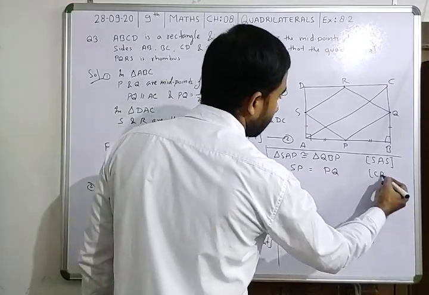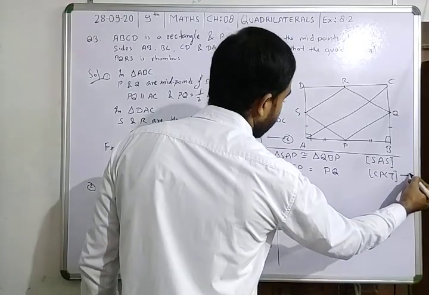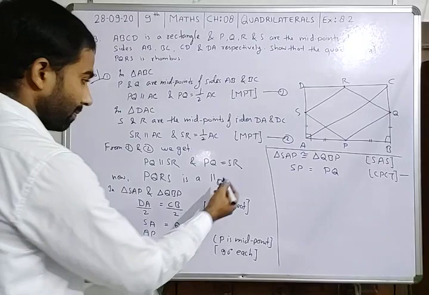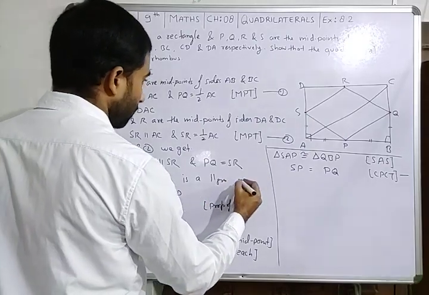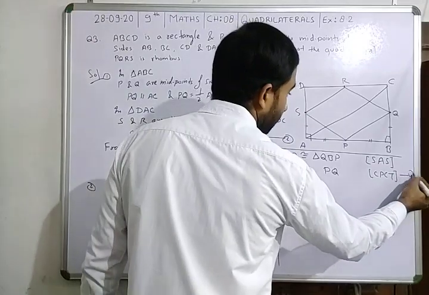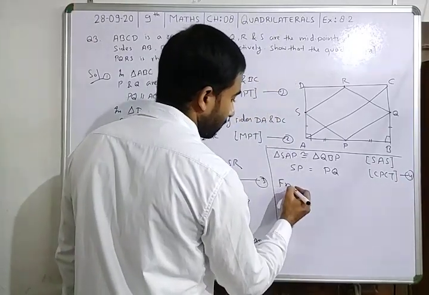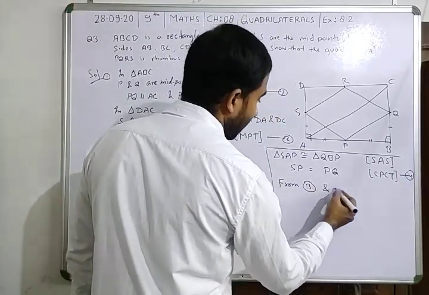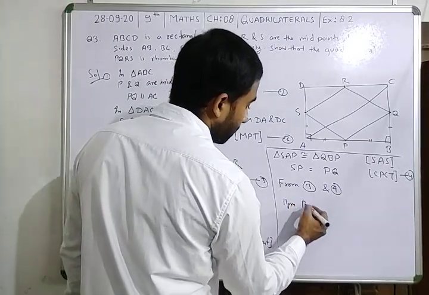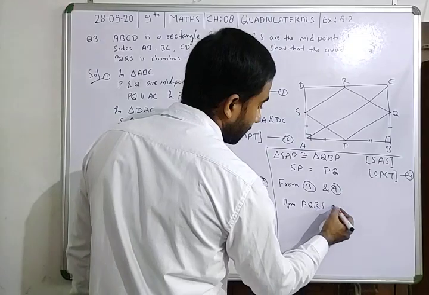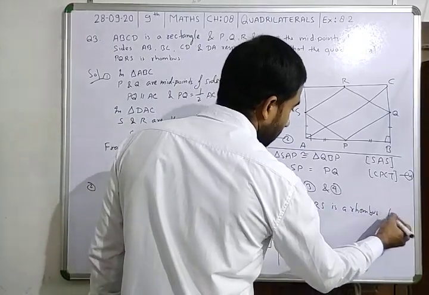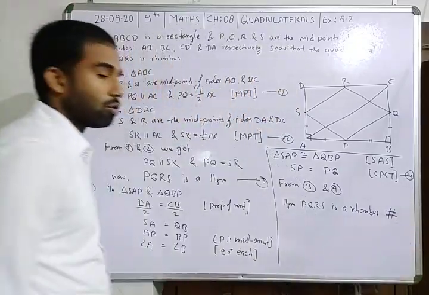We call the earlier result equation 3 and this one equation 4. Now from 3 and 4, parallelogram PQRS is a rhombus. Hence proved. I hope you understood.